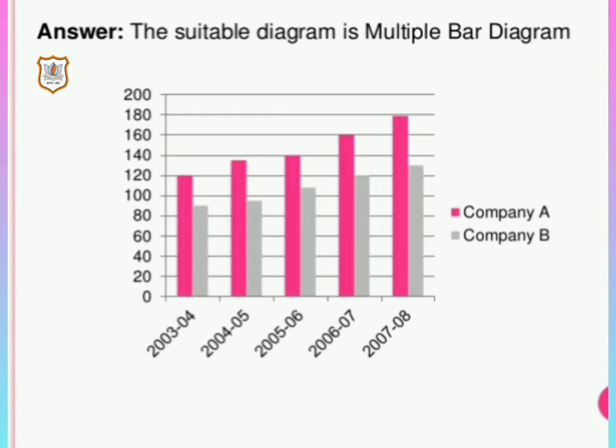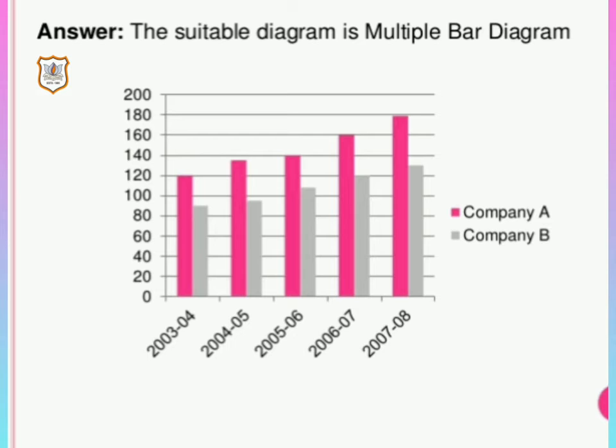Now let's have a look at the answer of the multiple bar diagram. As in the question, profits of two companies were mentioned, company A and company B. So here also in the multiple bar diagram, in the answer, bars for two companies are drawn. Company A and company B bars are drawn together.